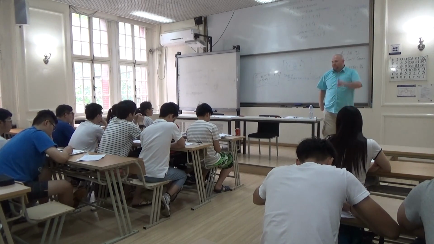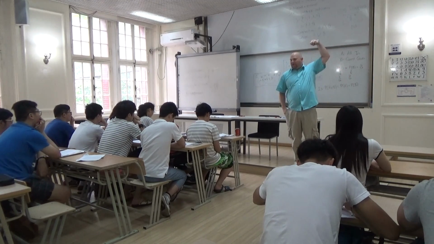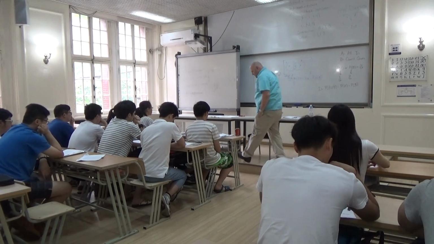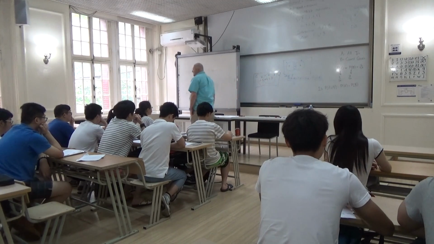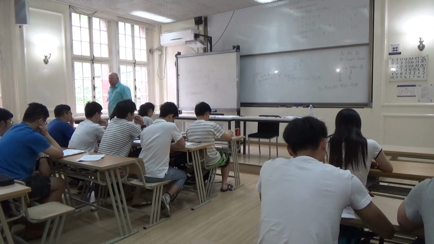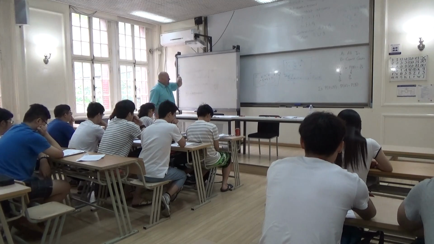Okay? Question number 1. I picked a number at random, okay? What is the probability that the number is in set M? What is the probability that the number I pick is in set M?